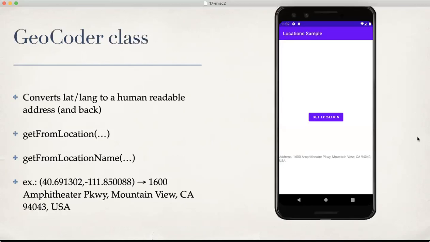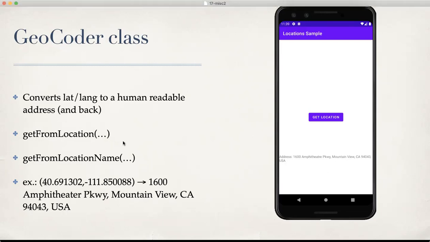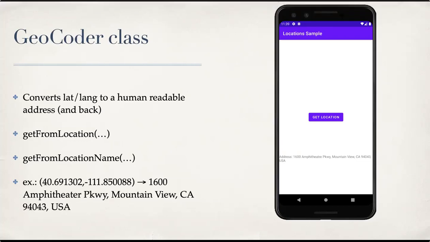So what do you do with that information? You can use it in this simple case. What we'll see is using the Geocoder class, which can convert the lat-long information to a human readable address and the other way around. So you have getFromLocation, which takes latitude, longitude, and converts it to a string.